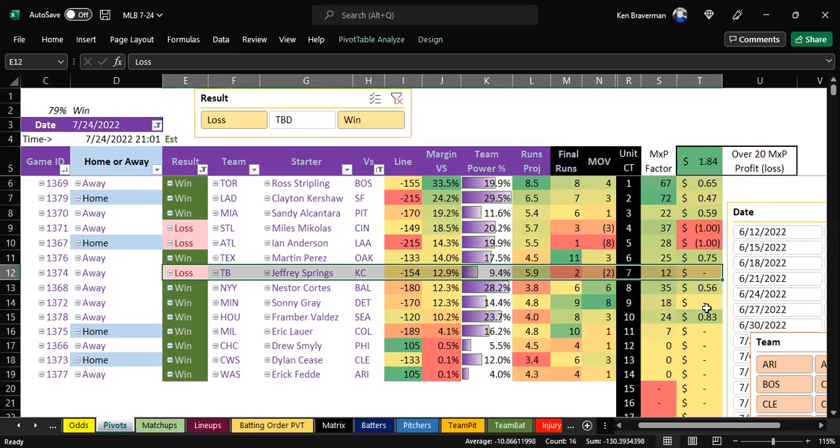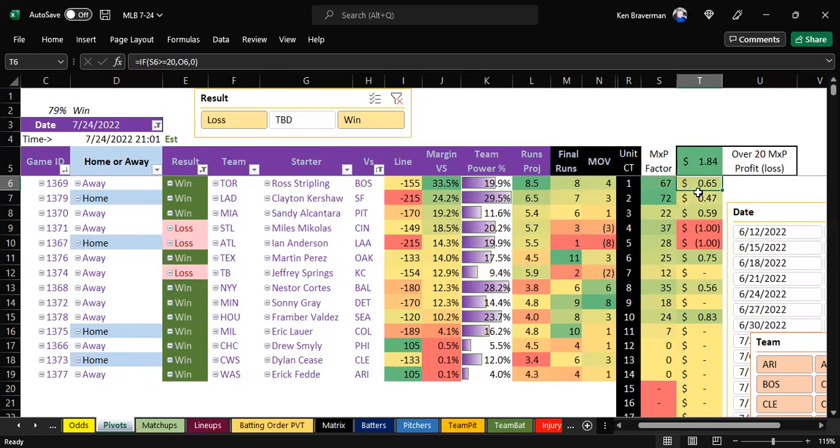Had you included that game, I can actually change the formula here and say, hey, let's do a revolving MxP factor. Okay, first of all, we have the 20. All right, hold on. The current one is the 20. So we're going to reference that cell. Actually, we might not be able to do that. I think I have to write it a different way. Well, let's just say for a second, what if we went over 15?